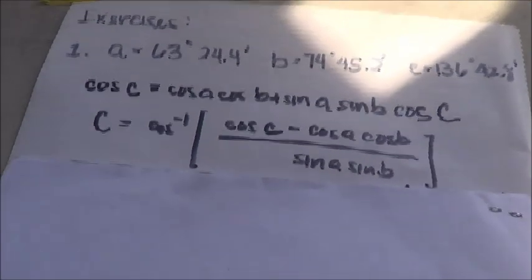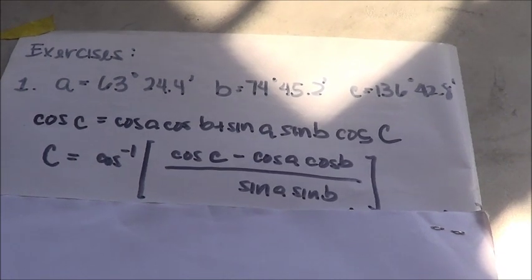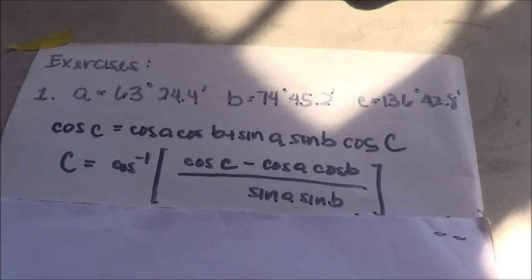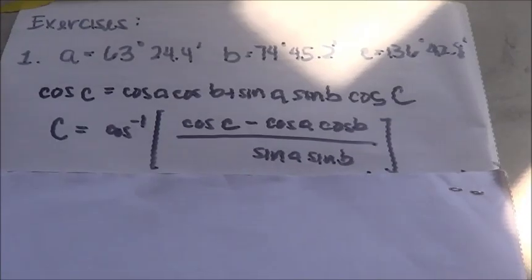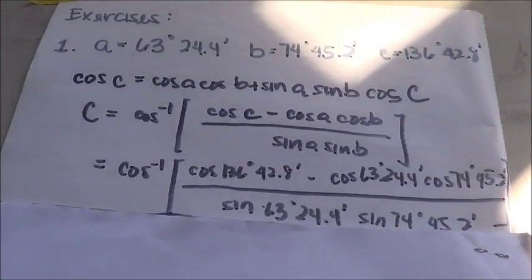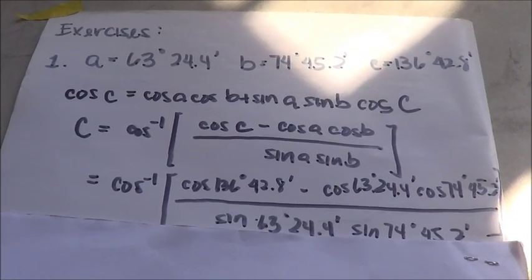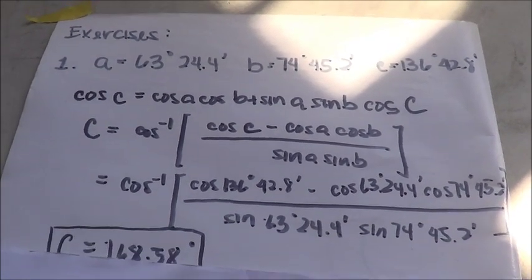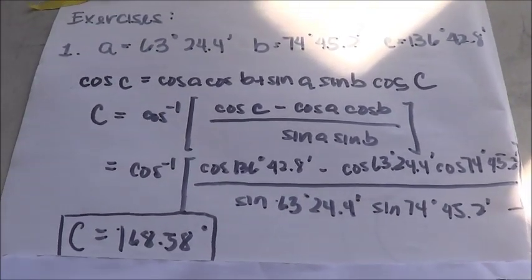We can get angle C by getting the arc cos of cosine c minus cosine a cosine b all over sine a sine b. And we just plug in the values. It's as easy as that. You plug in the values and press it in your calculator and you will get the answer. C is equal to 168.58 degrees.